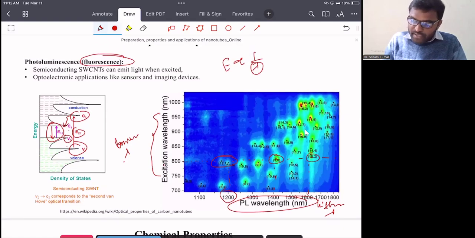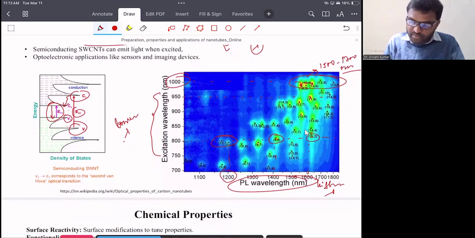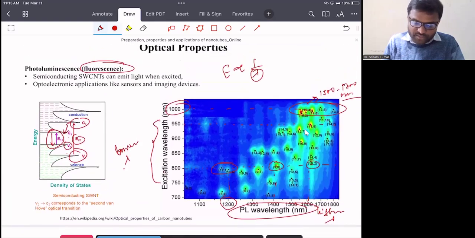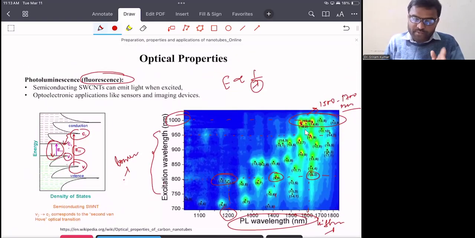Suppose you excite this material at 950 or 1000, you will get the spectra near 1500 to 1700 nanometer. So this is about the optical properties.